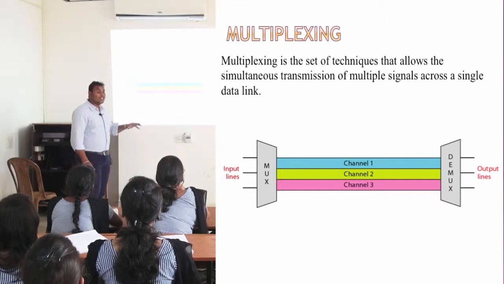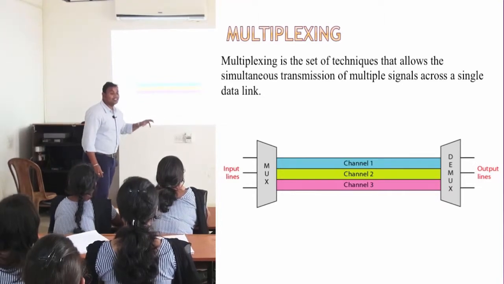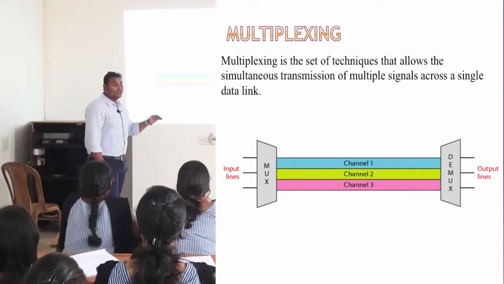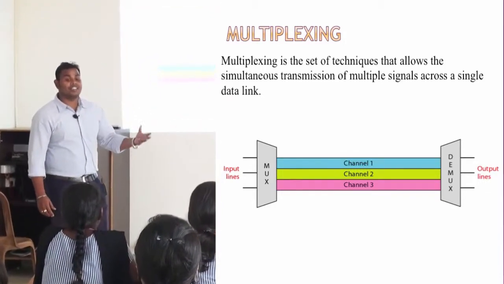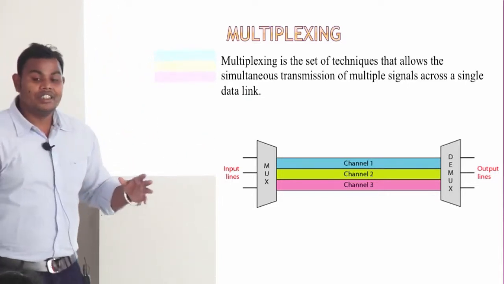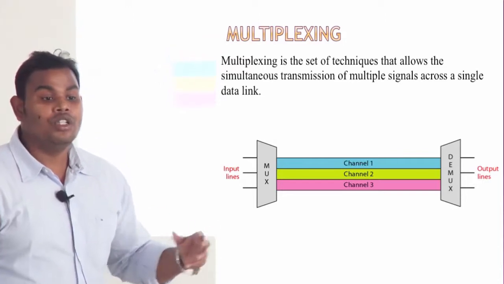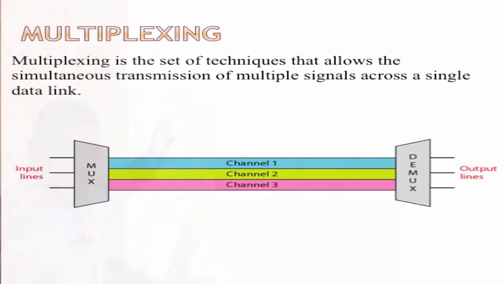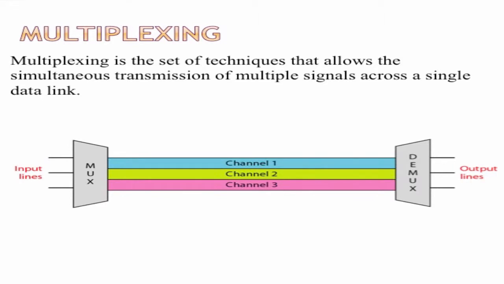Combining more than one data item or signal into one composite signal, sending it through the main cable, and again at the receiver side separating them. Here we have 3 input lines where 3 messages can come, and we use a MUX. MUX is nothing but a multiplexer.